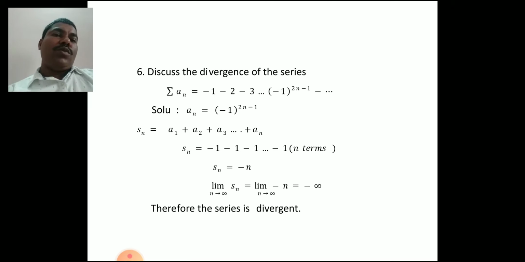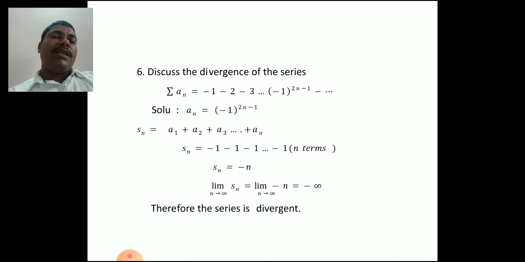Next step, what is Sn? Sn is a1 plus a2 plus a3 up to plus an. So Sn is equal to -1 -1 -1 up to -1 n terms. So Sn is equal to -n.